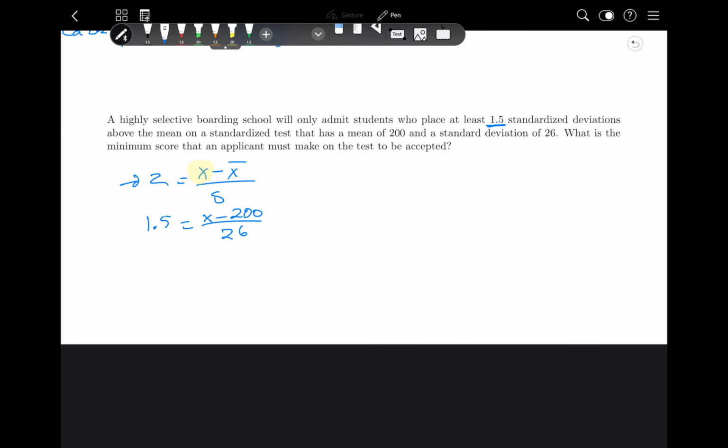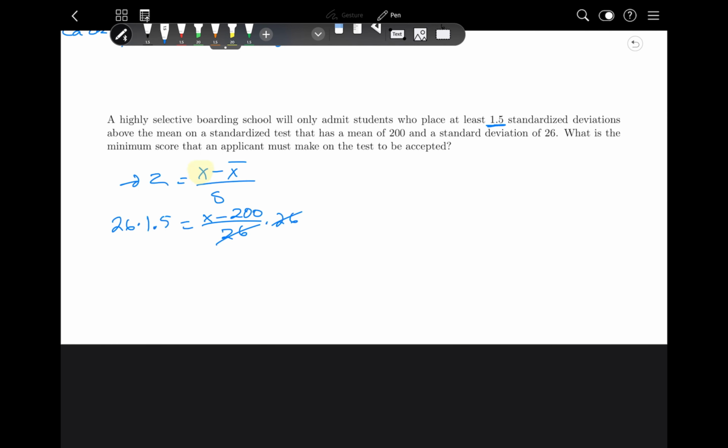There's a difference here between standard deviations and the standard deviation. Standard deviations is our Z, and the standard deviation is our S value. Now we would solve this for X. To solve for X, we multiply both sides by 26. We have to use a little algebra here.